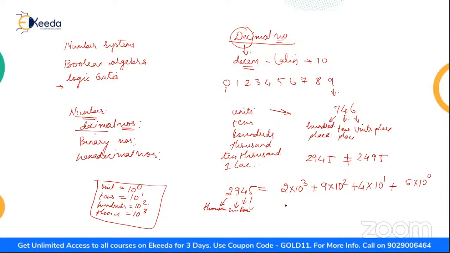So this is 2000 plus 900 plus 40 plus 5.